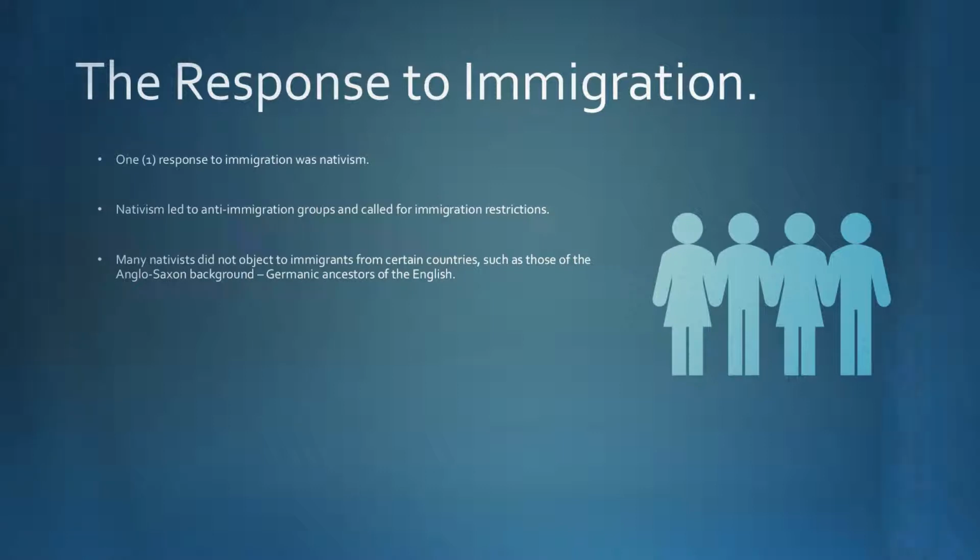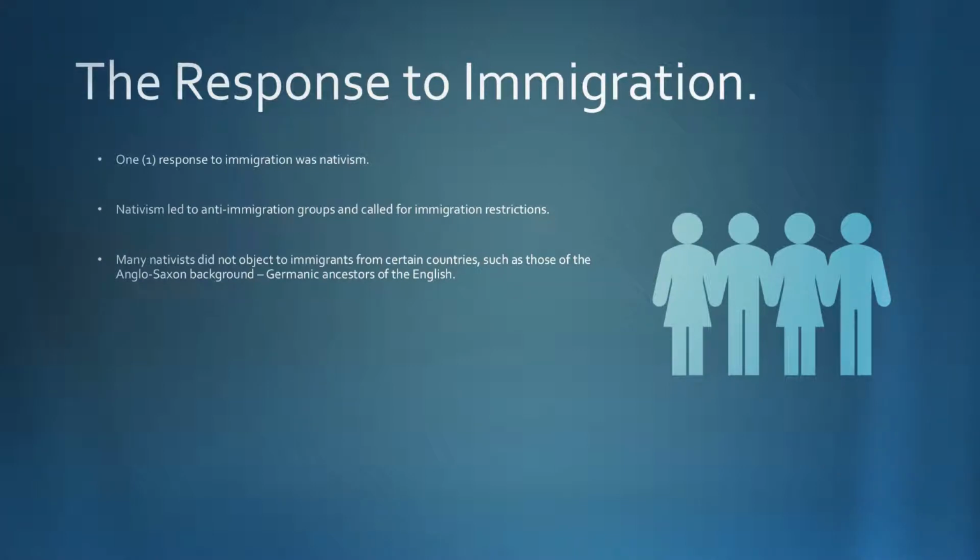So one response to immigration was nativism, and nativism led to anti-immigration groups, and it also called for immigration restrictions. Now, many nativists did not object to immigrants from certain countries, however. They kind of had a prejudice. Many of them were more accepting of immigrant groups from what we call Anglo-Saxon background or Germanic ancestors of the English.